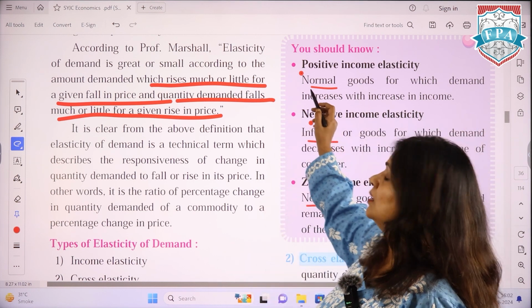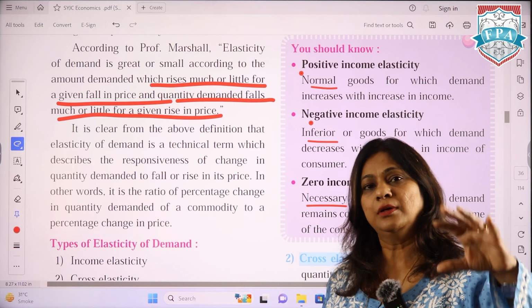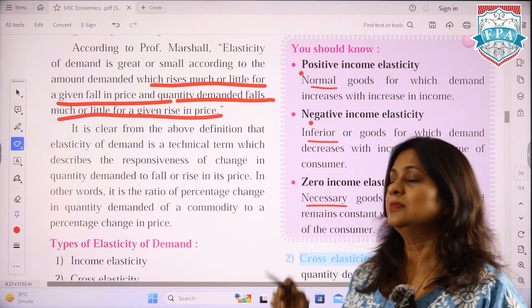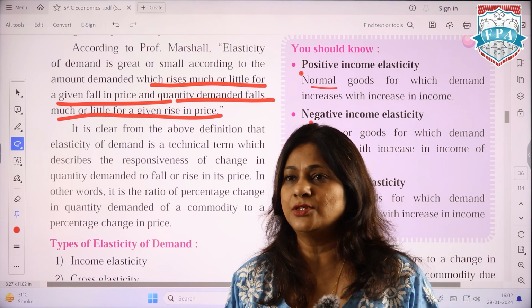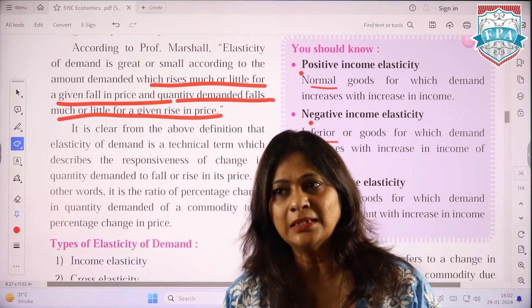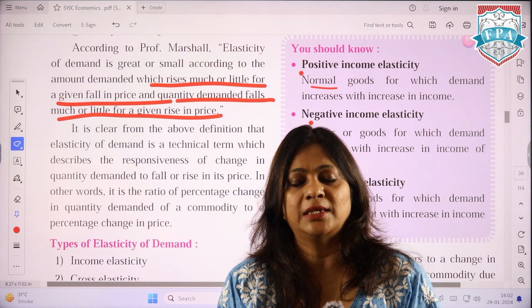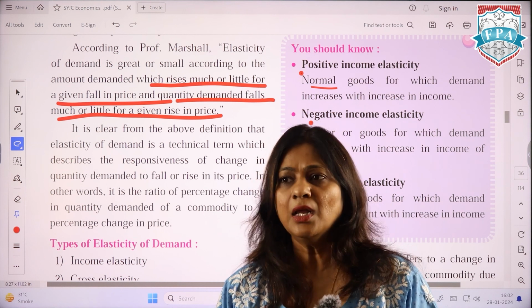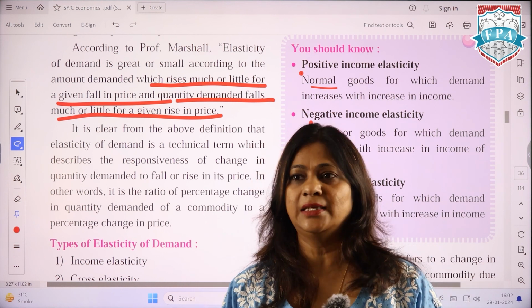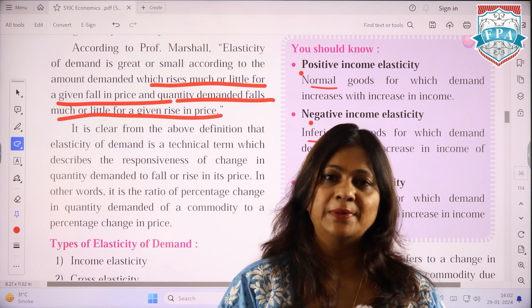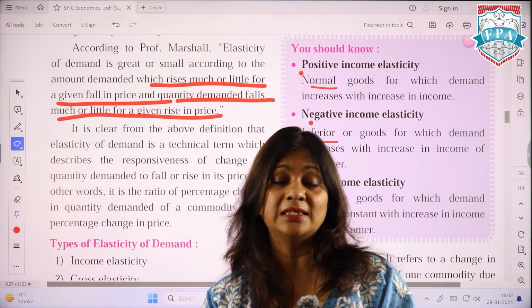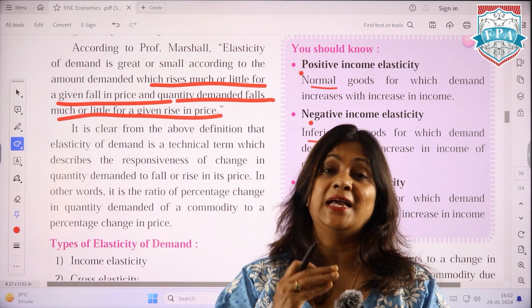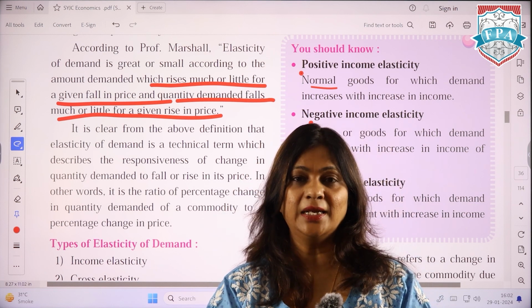Anyway, so one is normal good, inferior good, and necessity is like I can't do without certain things. For example, school: can you afford not to send your child to school? No, that's a necessity. Can you afford not to give your child milk? Necessity. So let's be very clear with the word necessity, normal goods and inferior goods, right?